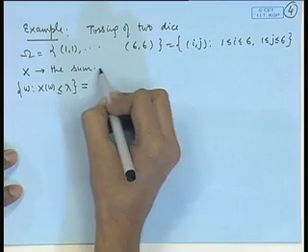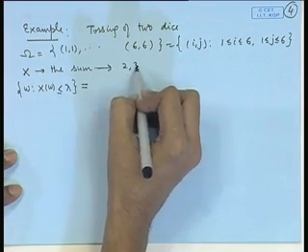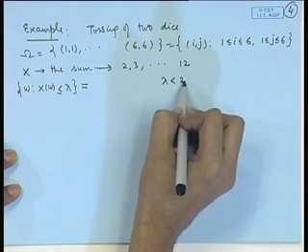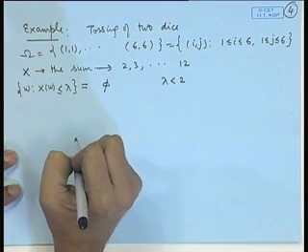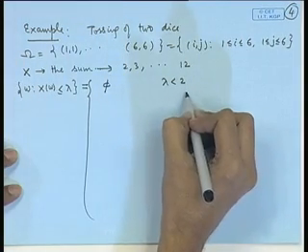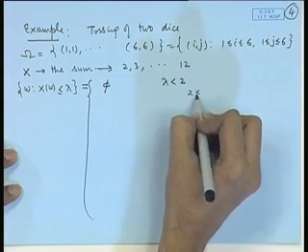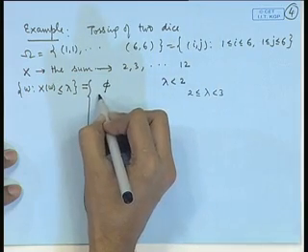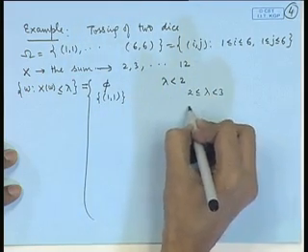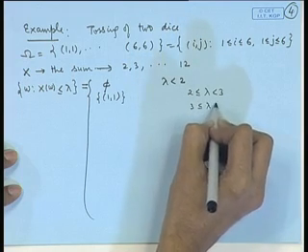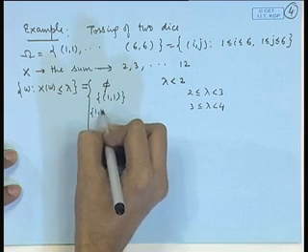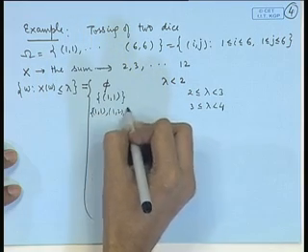Now, if you look at this, the sum will vary from 2 to 12. So, if I have λ less than 2, then this set is going to be φ. If I take λ between 2 and 3, then I have the point (1,1) here. If I have λ greater than or equal to 3 but strictly less than 4, then we will have (1,1), (1,2), (2,1).